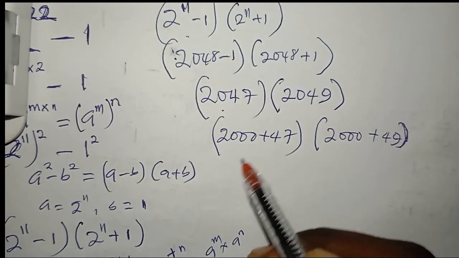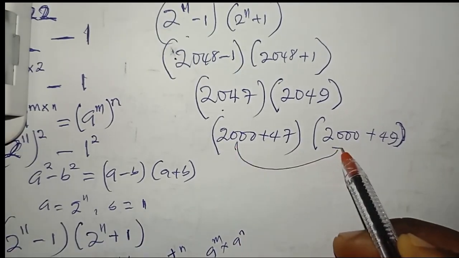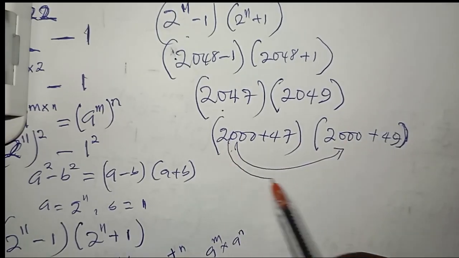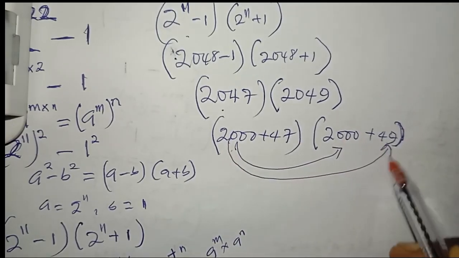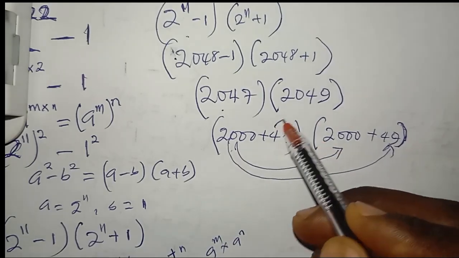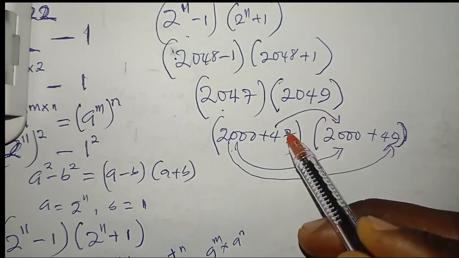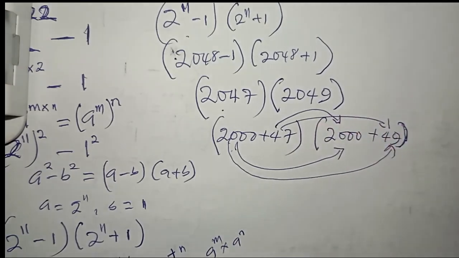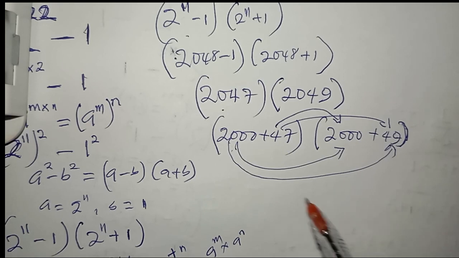So how do you do that? You first of all use this 2000 to multiply this 2000, and then you also use the same 2000 to multiply this 49. Next you use this 47 to multiply this 2000, and then use the same 47 to multiply this 49. Once you're done doing that, you can go ahead and add it up.